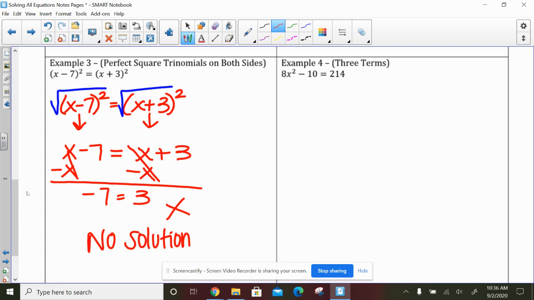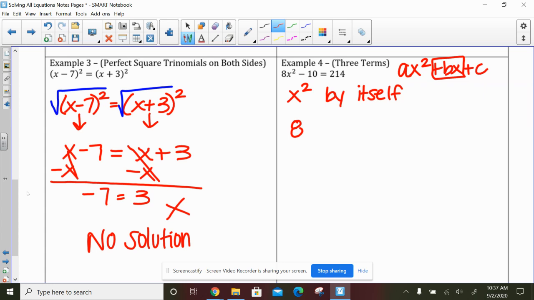All right, so now, for example 4, I've got 3 terms as well, but notice, I normally have something like this, but I do not have a b value. I don't have anything with just an x. So that means that I want to get x squared by itself.